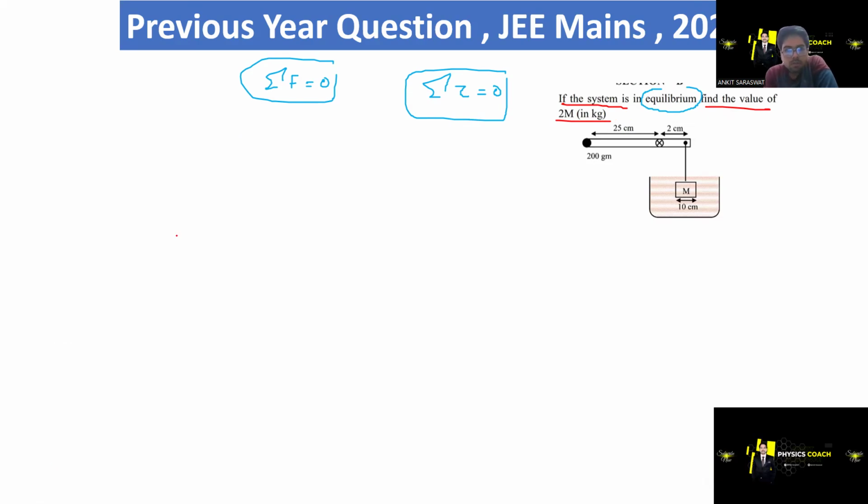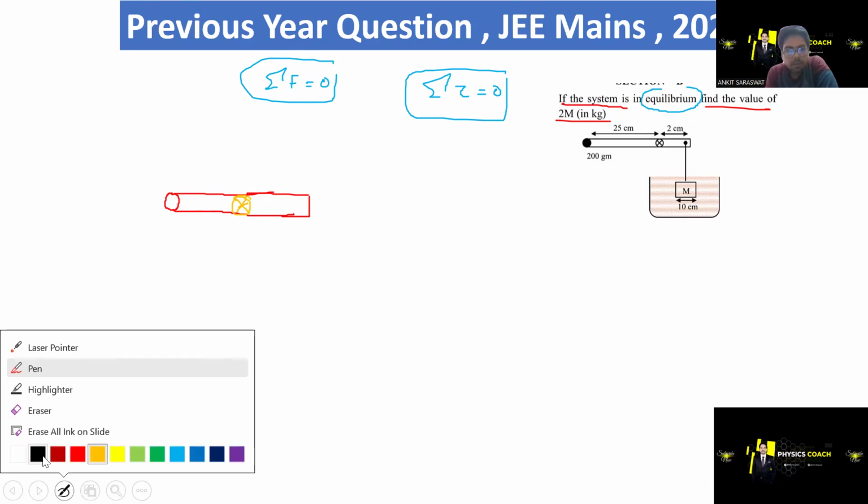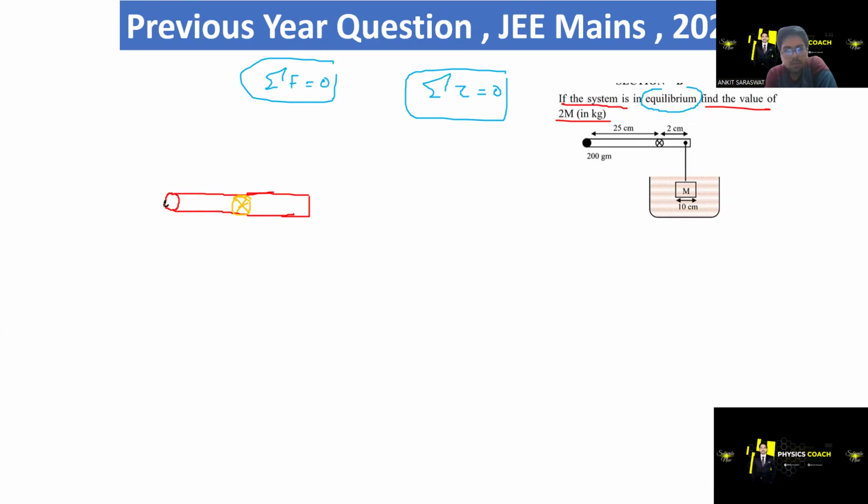Now, we will draw the free body diagram. It is given like this. We will draw it like this. This is our axis of rotation. You can check, this is our axis of rotation. Here 200 gram is placed. This is 200 gram.